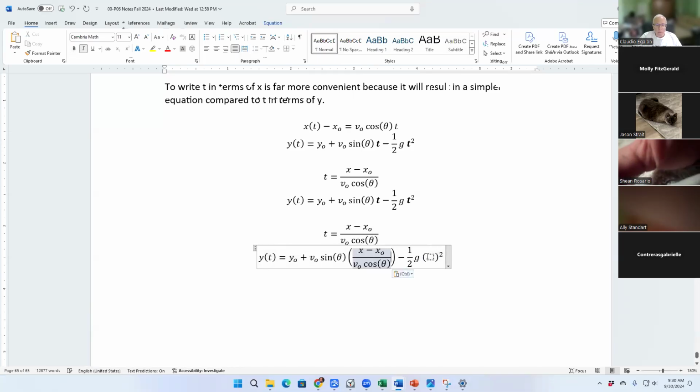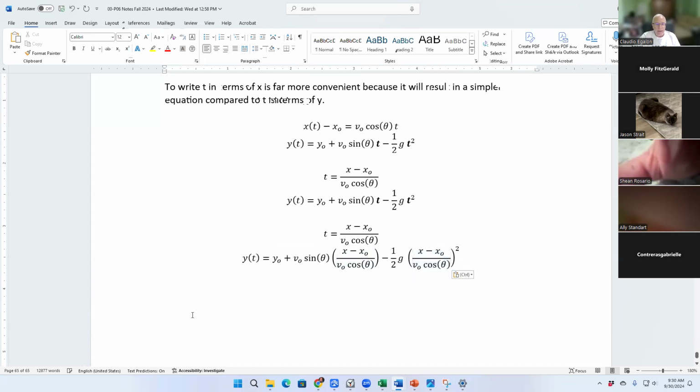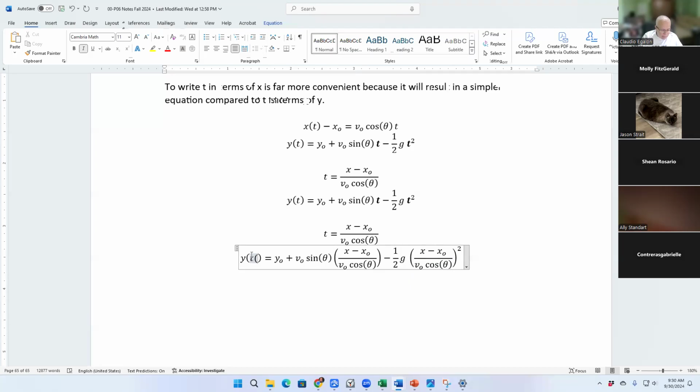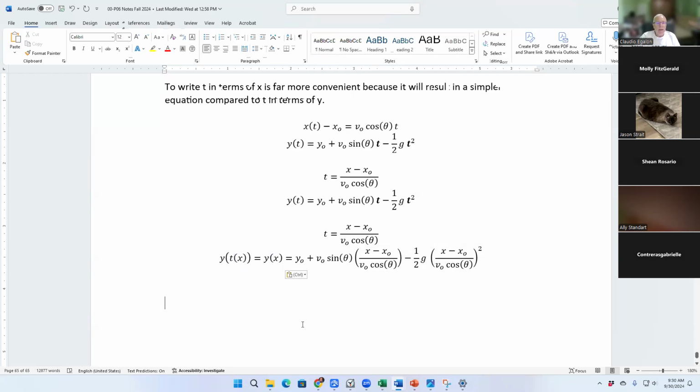The other t is going to be quadratic. And now the y is no longer a function of t. Why is that? Because that t that I put in there is a function of x. Now my y is a function of x.